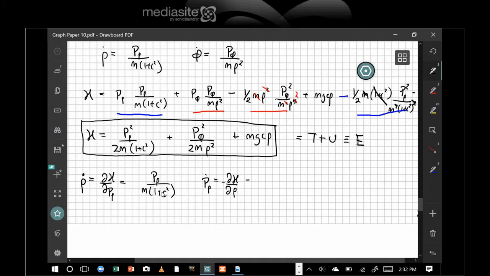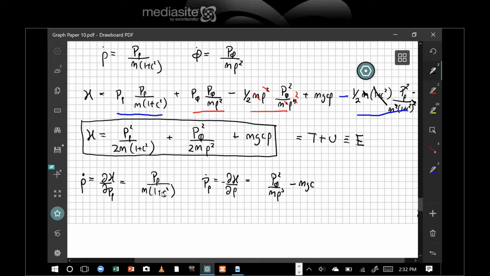There's two rhos. Okay, there's a rho in the denominator, and a rho in the gravitational term. So P sub phi squared, the minuses cancel, over m rho cubed, minus mg, that. So we got two equations of motion there.